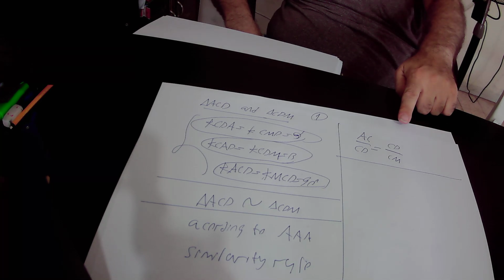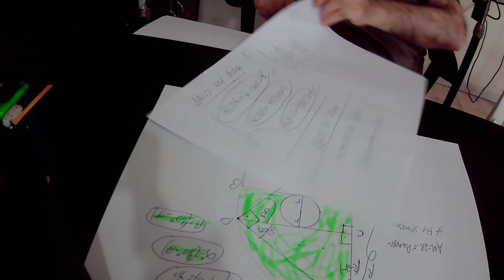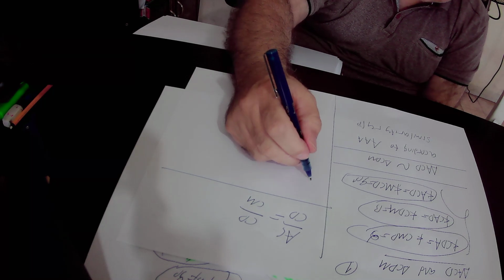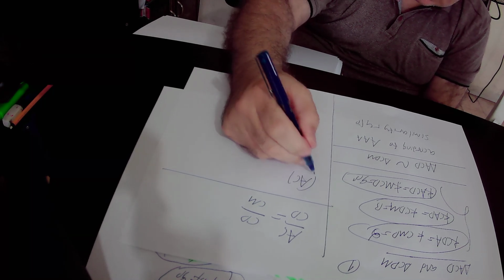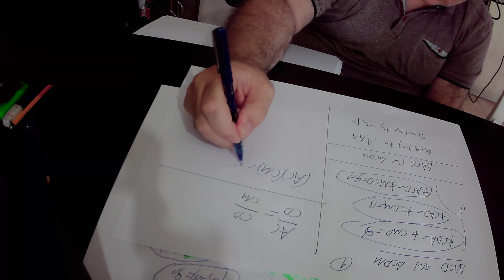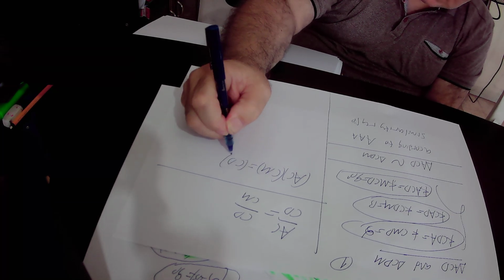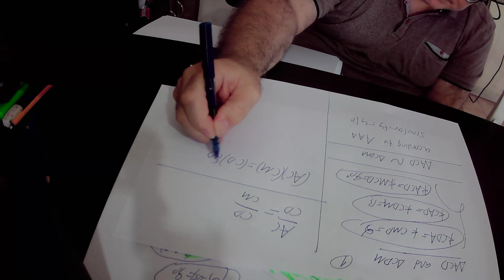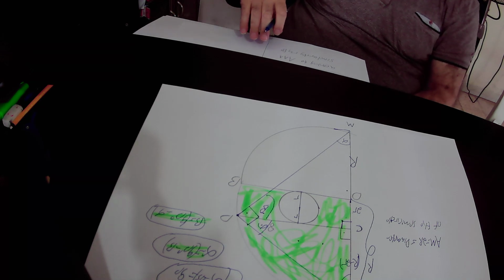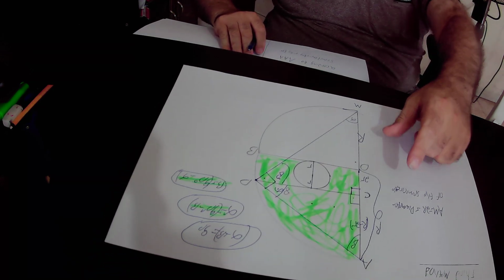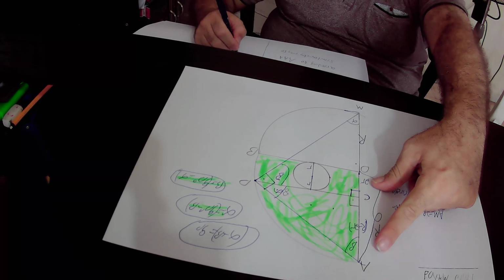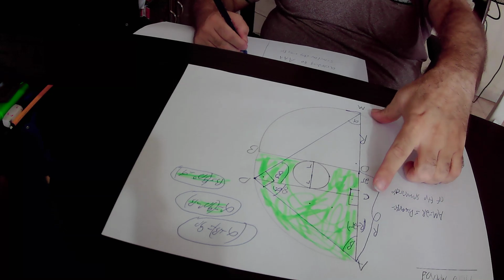Here we cross multiply this equation and we'll get that AC times CM equals CD times CD. The value of AC is capital R minus 2r, times CM.